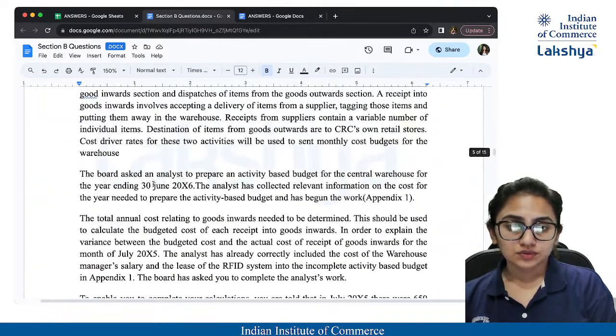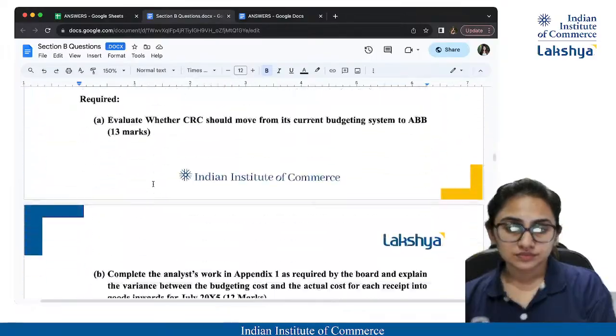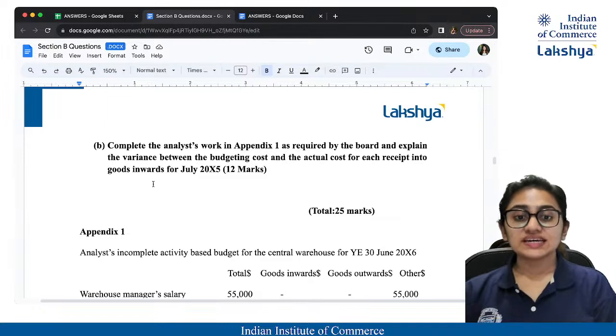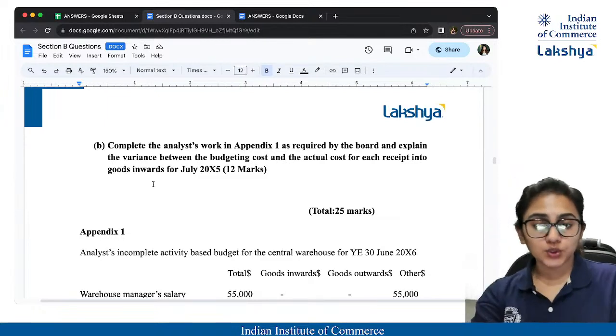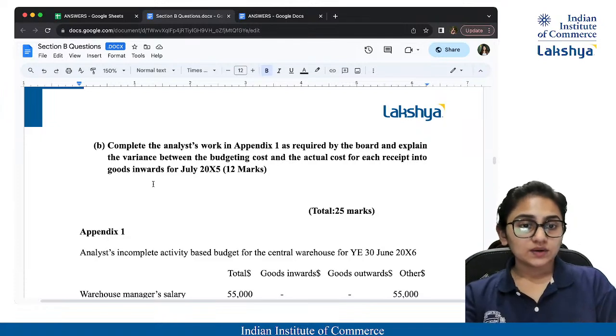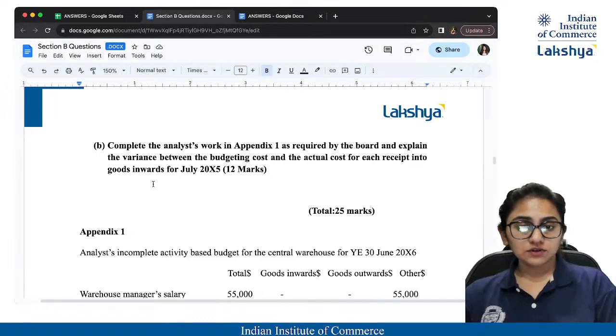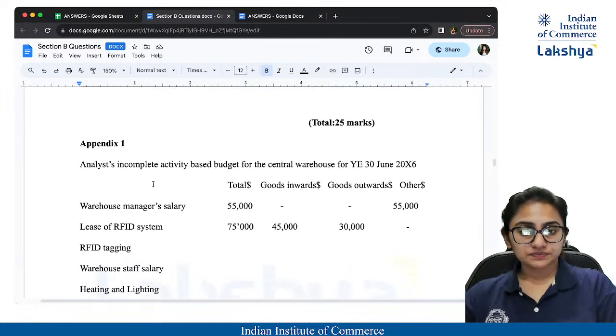So complete the analyst's work in Appendix 1. He has left the work incomplete as required by the board, and explain the variance between the budgeting cost and the actual cost for each receipt into goods inward for July 20x5.